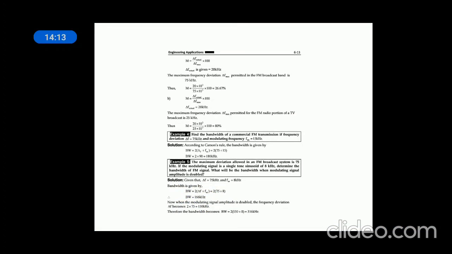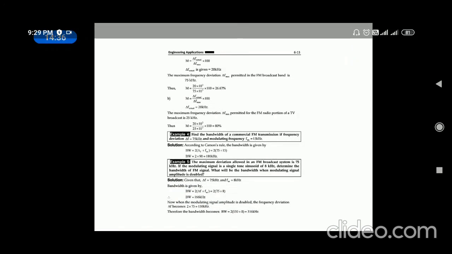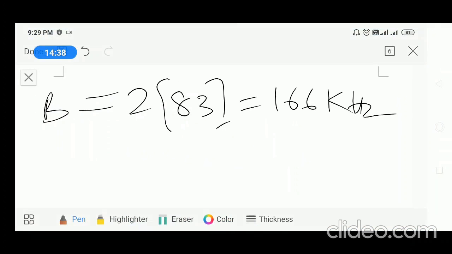When the modulating signal amplitude is doubled, the frequency deviation is also doubled. How? We will see the standard formula.